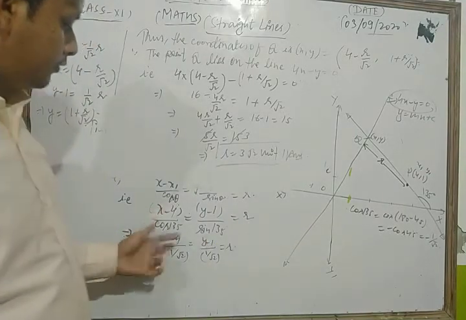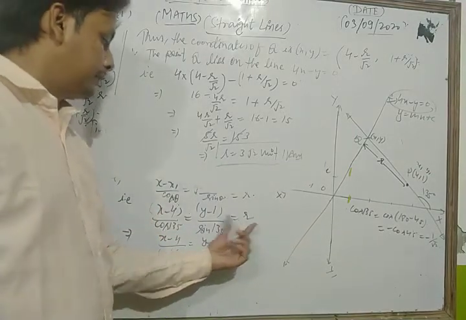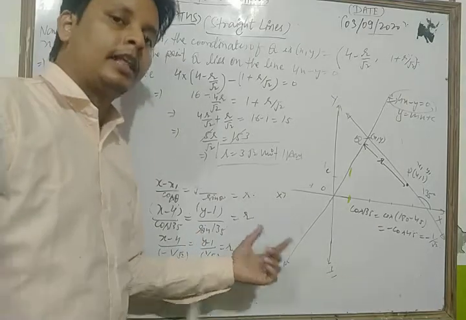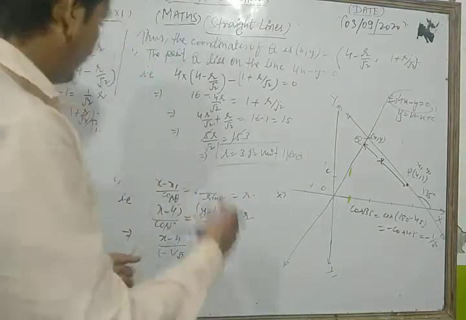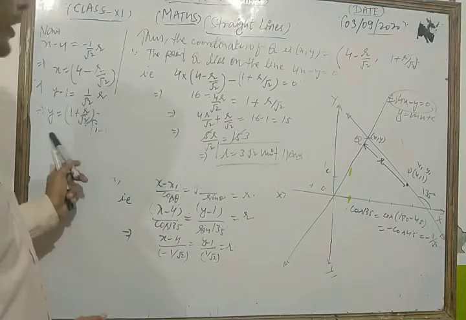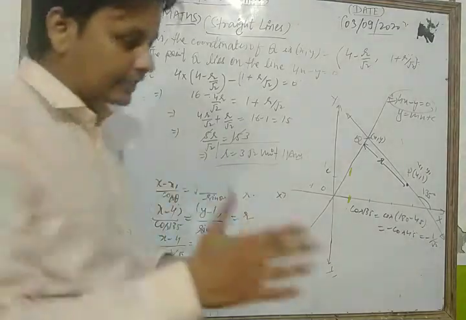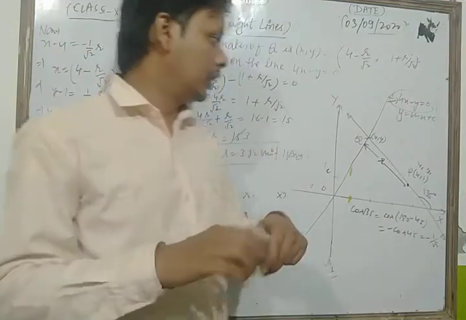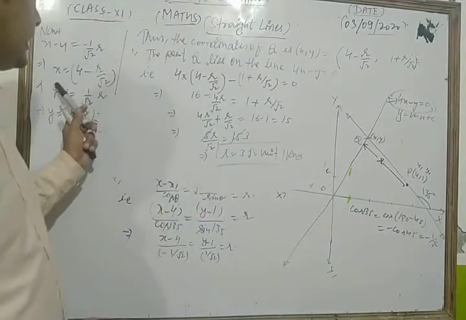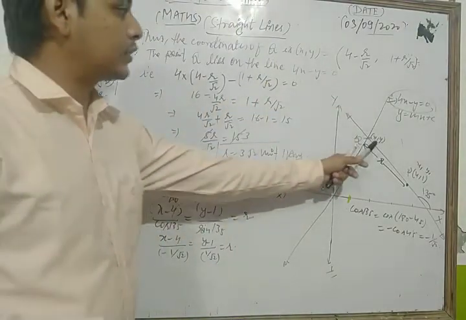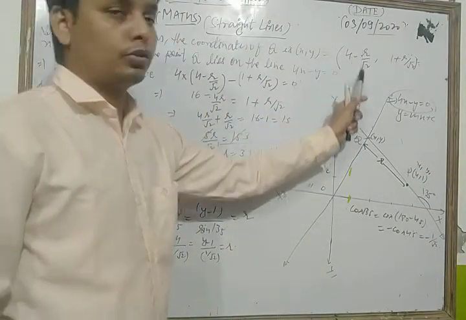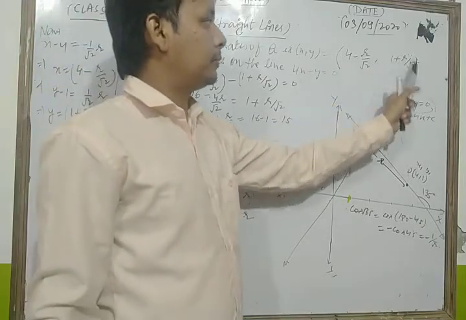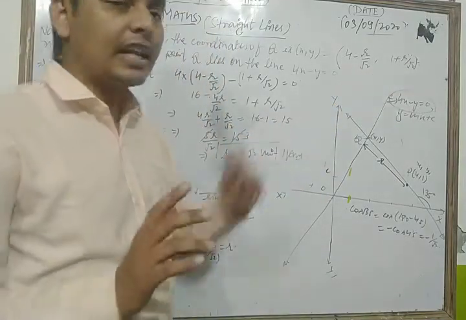First we take this part equal to r, then the other part equal to r, and solving both we find the respective values of x and y. So the coordinates of Q, that is (x, y), are 4 minus r upon root 2 and 1 plus r upon root 2.